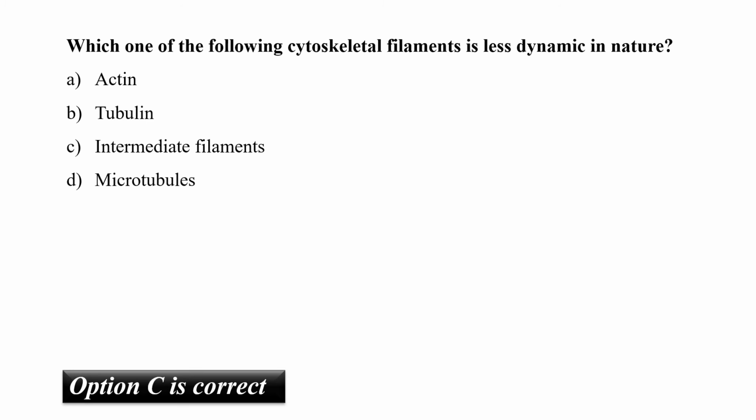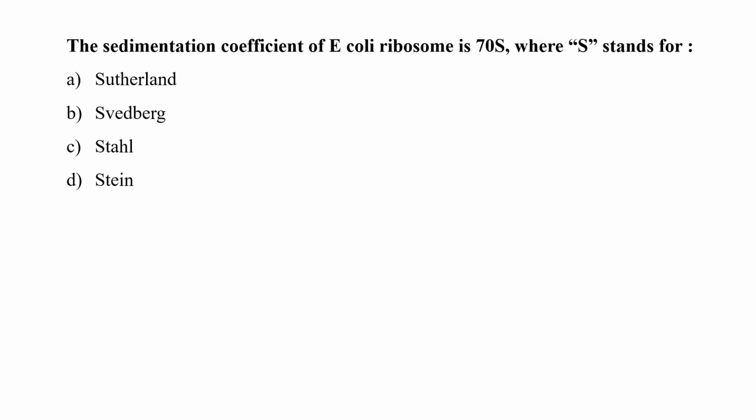The functions are primarily mechanical. So the intermediate filaments are the ones that are less dynamic as compared to the actin filaments and the microtubules. The intermediate filaments commonly work in tandem with the microtubules, providing strength and support for the fragile tubular structures. So like I said, option number C is the correct answer.